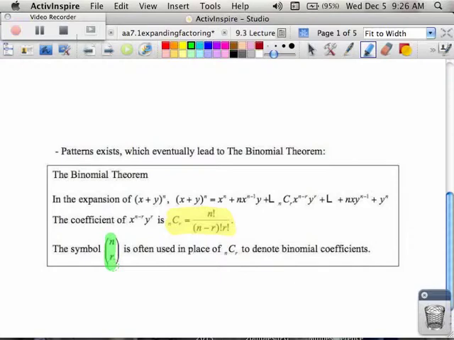And on your calculator, you can actually use the combinatorics button or menu item to do this same thing for these coefficients. I'm going to show you all three pieces as we go along. They're all exactly the same, but just to give you an idea of what's going on, I'll do it in the context of a problem.